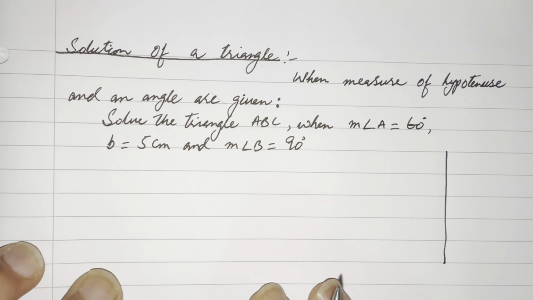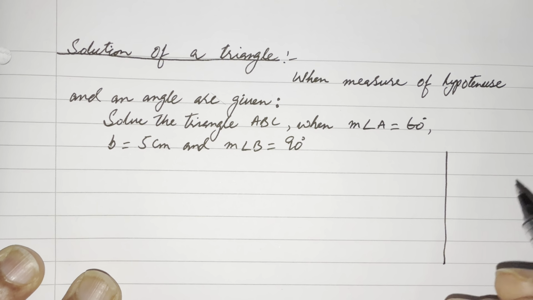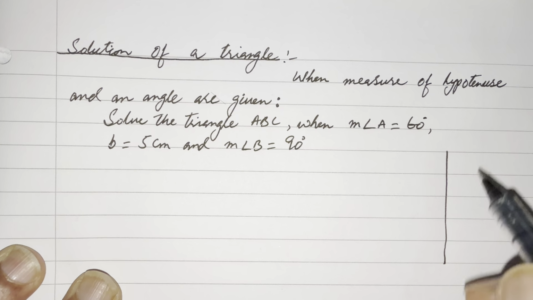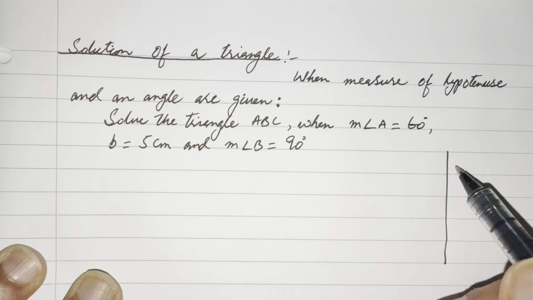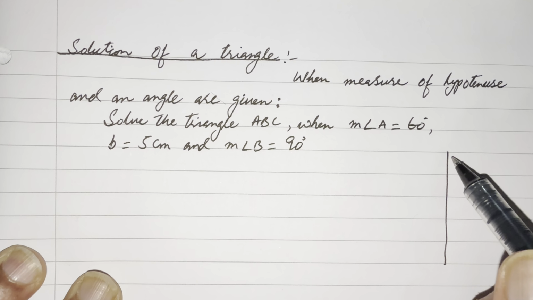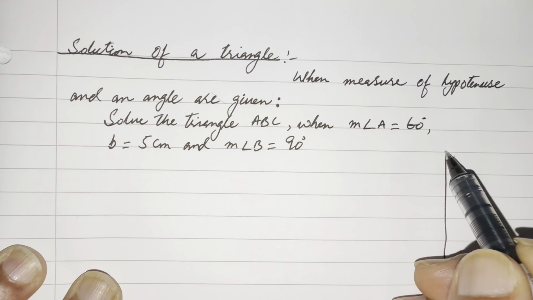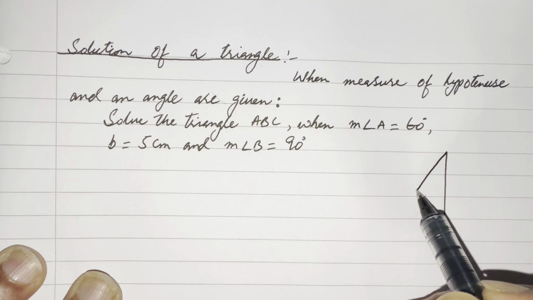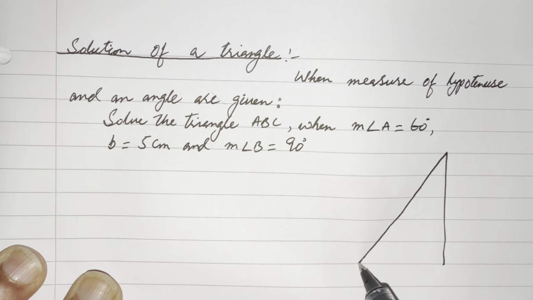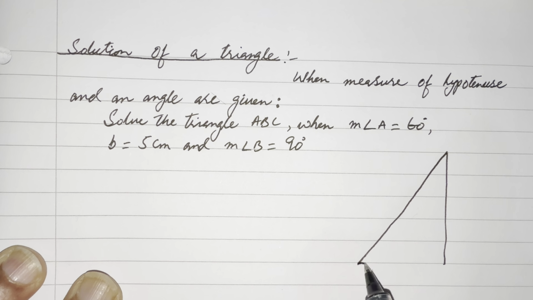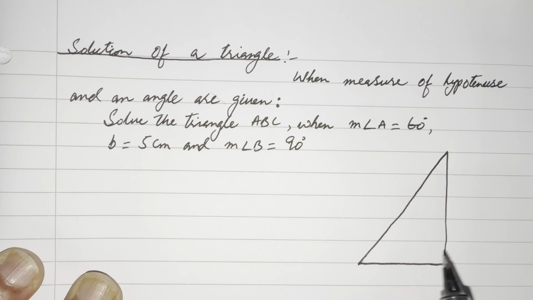So that's the straight line perpendicular, or you can say the one side of the right angle triangle, and the other side is going to be drawn like that. And here we have made the right angle triangle.